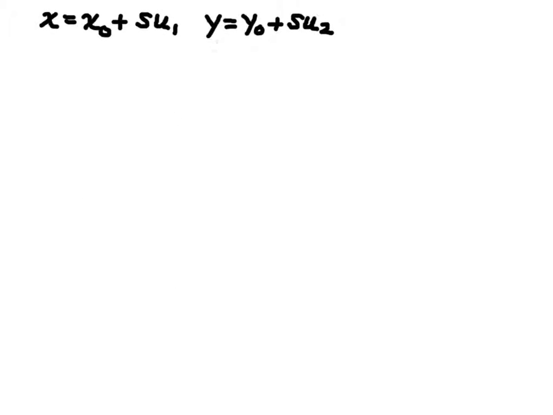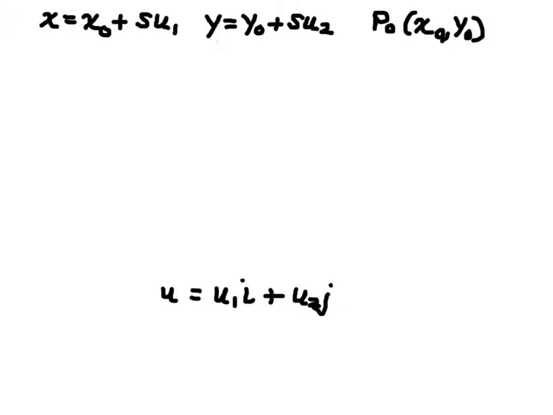These are going through the point p naught, the ordered pair x naught, y naught. So the arc length parameter s increases in the direction of the unit vector u, which is u sub 1 in the i direction plus u sub 2 in the j direction.